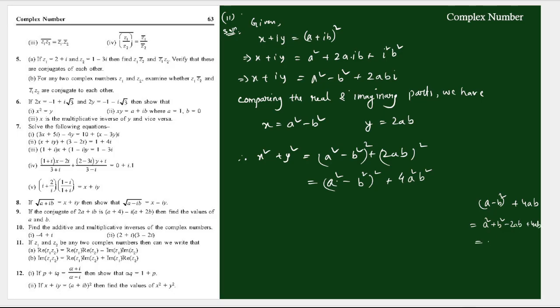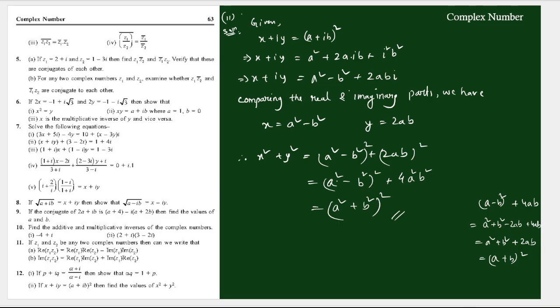So a square plus b square, 4 minus 2 is plus 2ab, right? All are plus, then a plus b whole square. So this will be a square plus b square whole square. This is our answer.